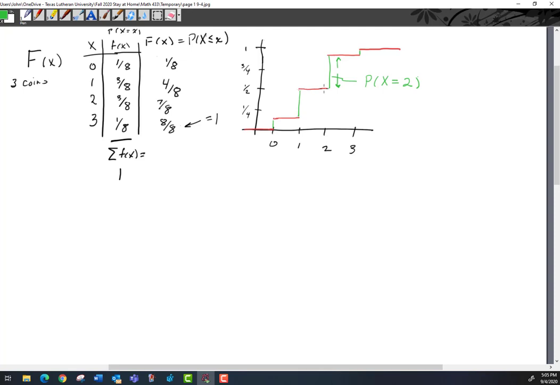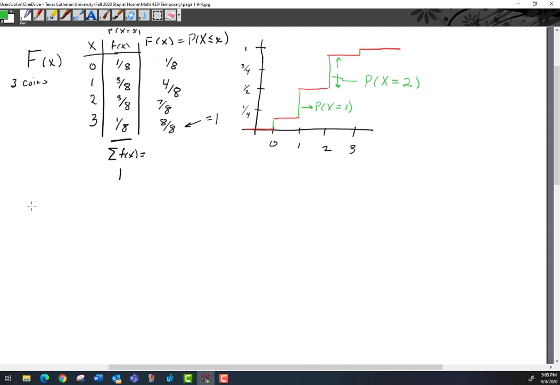How did we get the cumulative from this value to this value? We added in the probability that x was equal to 2. It made a jump here, and the size of the jump is the probability x is equal to 2. And by the same token, this is the probability that x is equal to 1. So a knowledge of that may occasionally be useful.